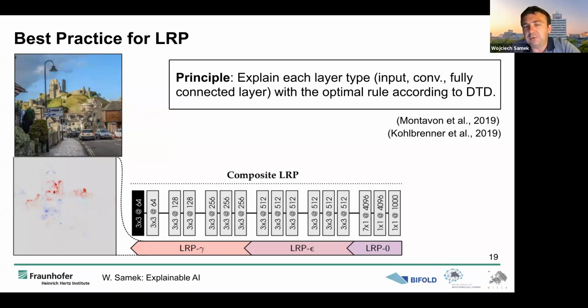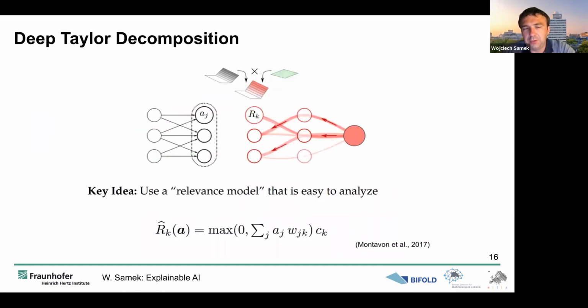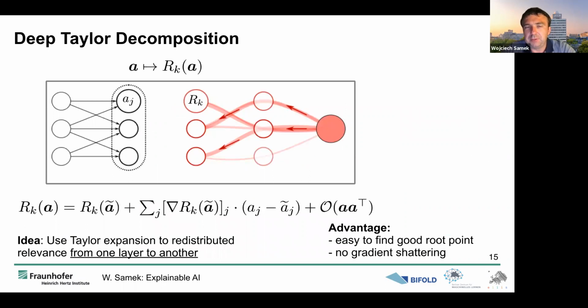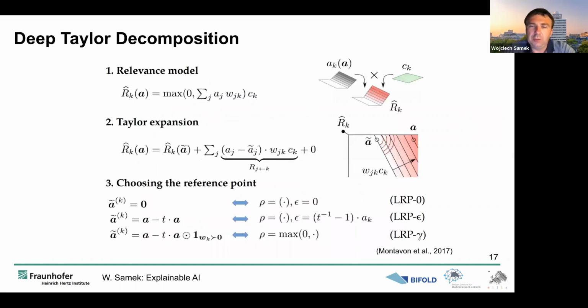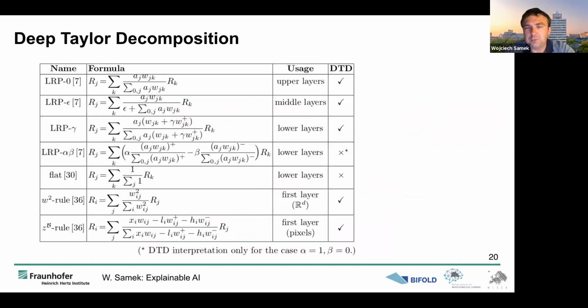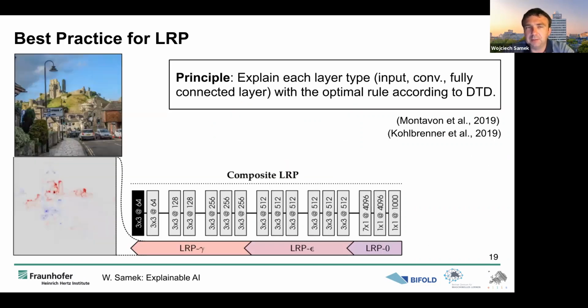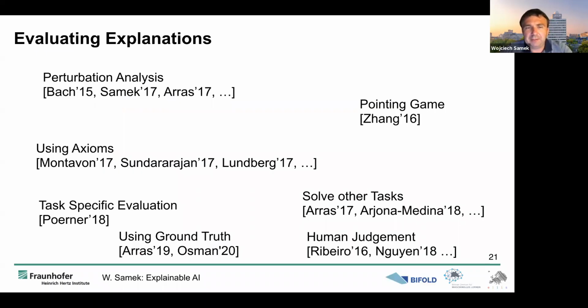So every type of layer has different support and different properties, and it makes sense to adapt the choice of root point to these properties. If you do that, you will arrive at different redistribution rules, and for different layer types it makes sense to use a different rule. We also have some recent work describing this property. So this was the technical part.